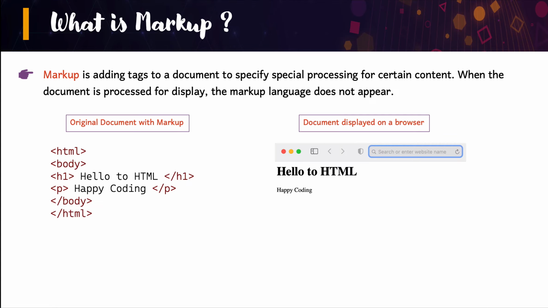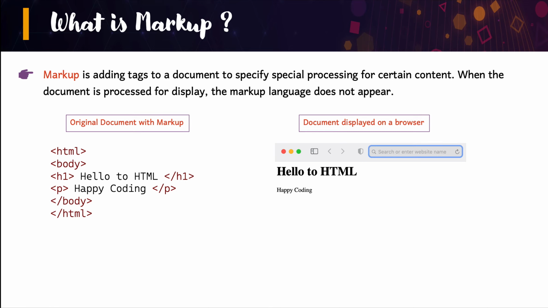Take an example. On the left, you have a very simple HTML document, the real HTML document with markup. It's the original document. On the right hand side, the same document as displayed by the browser is shown.